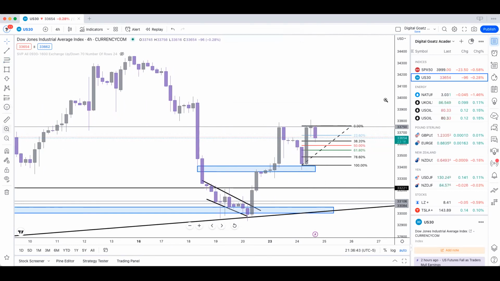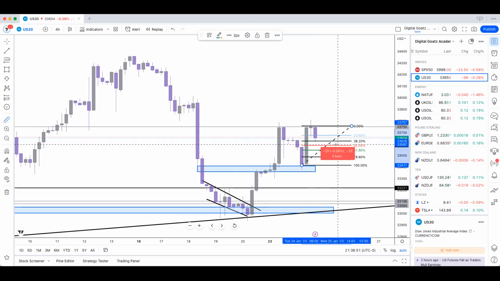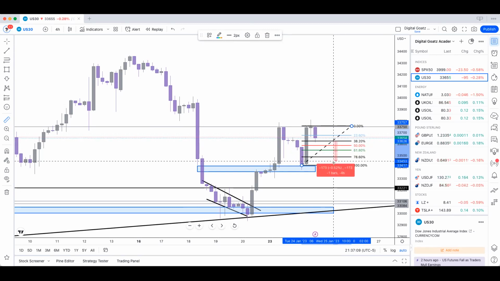But if this is US 30, let's see what would happen if we enter this trade and it decided to come down deeper. Say we entered at the 38.2. That's 30 pips right there to the 50%. That's already, for most people, 3% of their account. Now, this is US 30, so we know that obviously the stop loss is higher. All right, 100 pips.